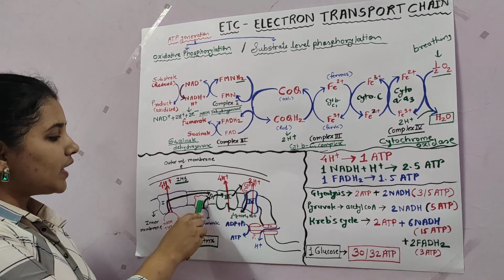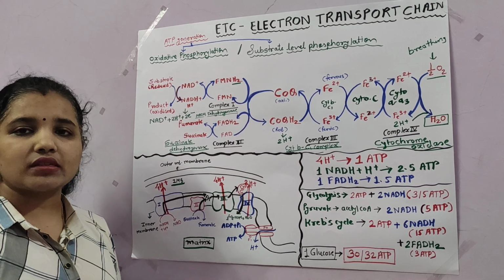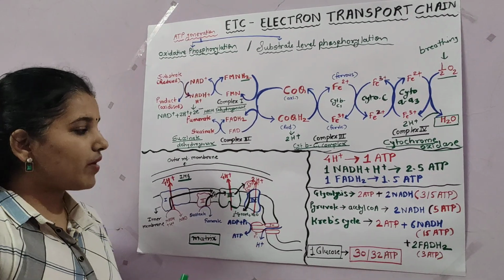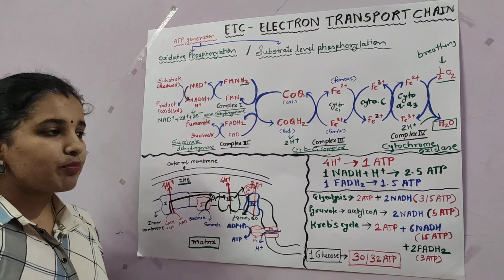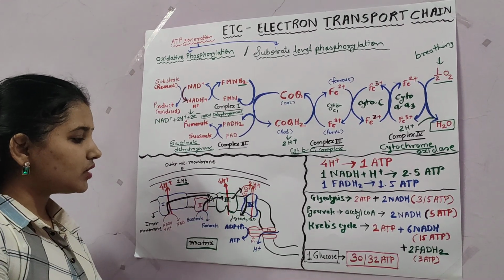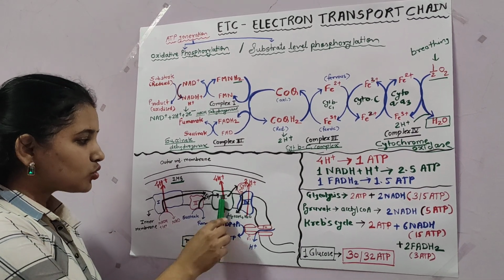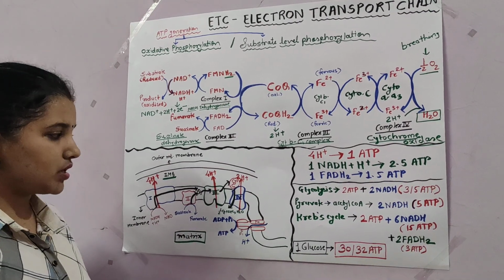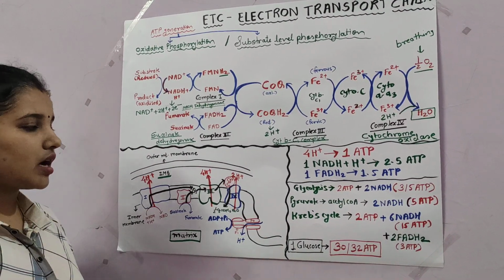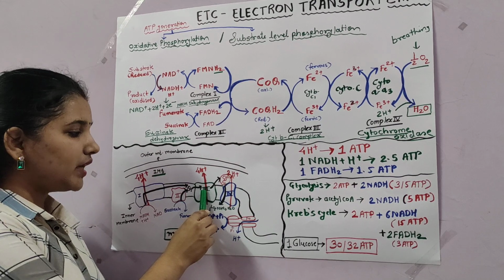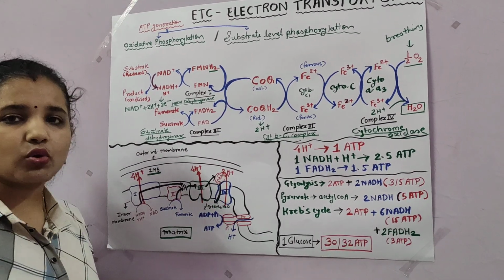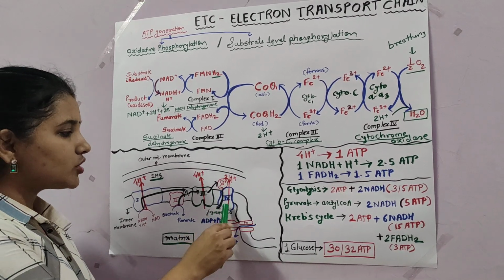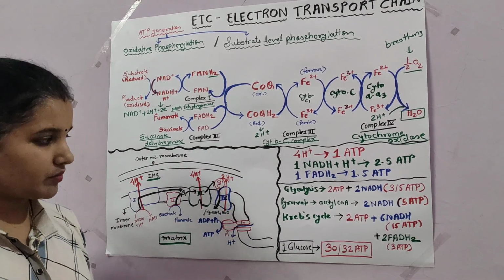Then when the electrons are accepted by complex 3, complex 3 is again a proton pump. When it accepts the electrons, it pumps 4 protons from the matrix to the intermembrane space. And when the electrons are transported from complex 3 to complex 4 by cytochrome C, 2 protons are pumped from the matrix to the intermembrane space.